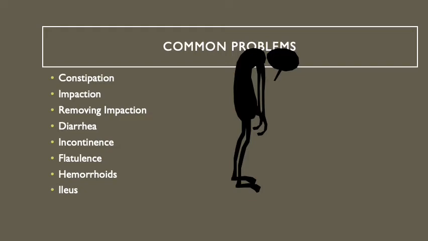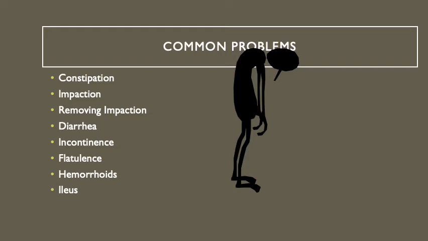They lose control over both urinary and bowel function. Flatulence is excessive gas and passing of gas, and may have distension with it. And it's not unusual for patients who have digestive disturbances such as gallbladder disease to have flatulence.